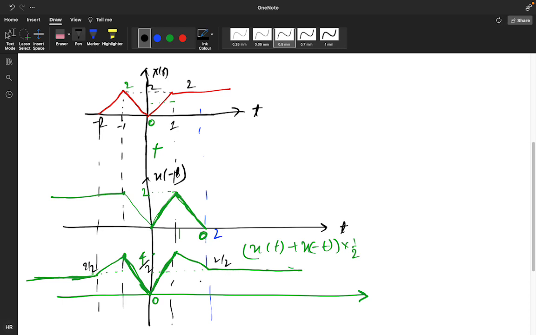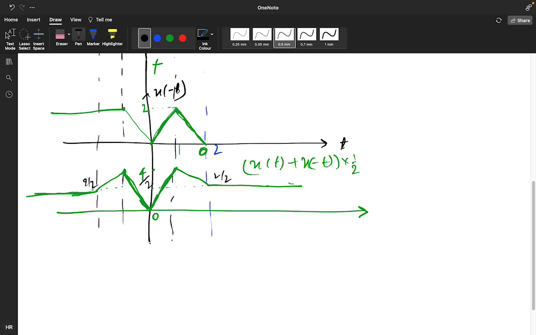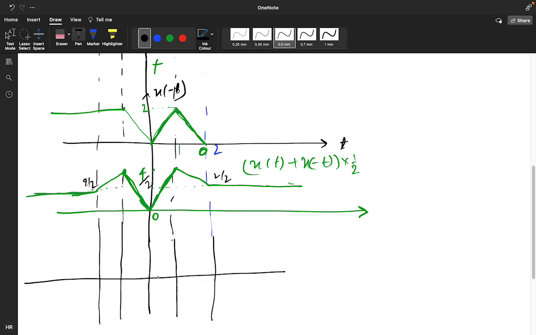So finally what value will you get? So it's 0 divided by 2, only 0, and then it will come to 2, and 2 by 2 will come to 1.